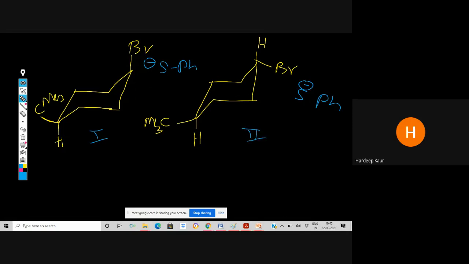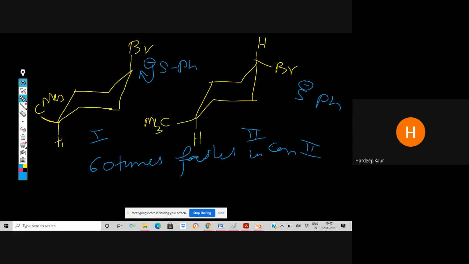So what we found is that in conformation 1, the bond cleavage of axial bromine takes place about 60 times faster than in conformation 2. ठीक है?